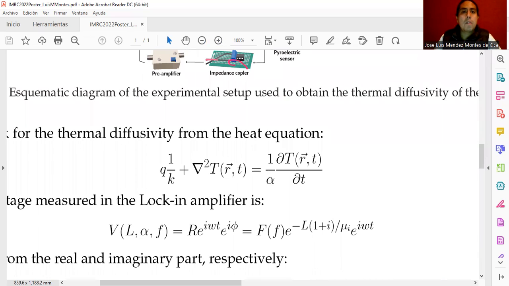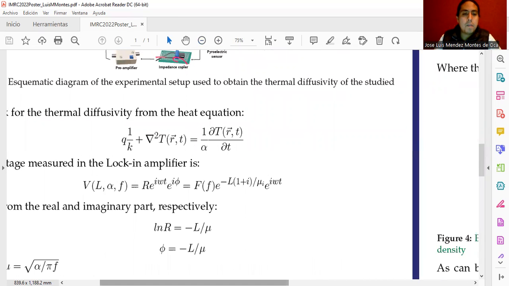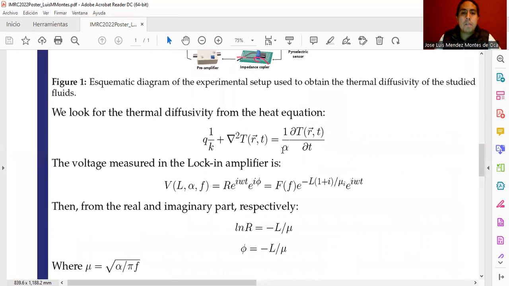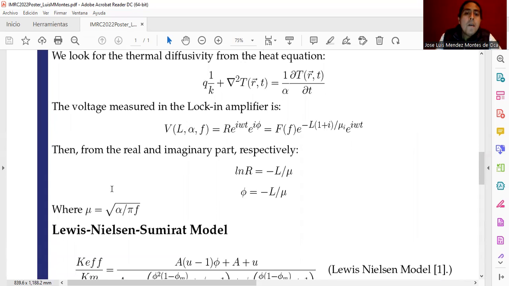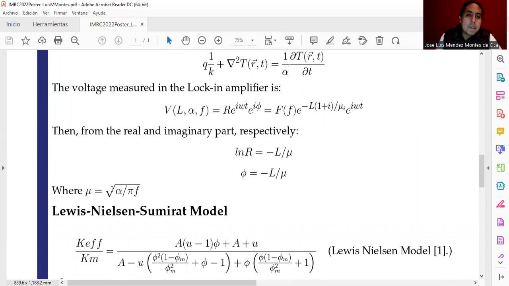We are looking for the thermal diffusivity of our liquids, and we can obtain it from the heat equation. The solution of this equation in one dimension is widely known under some considerations, and we can obtain an amplitude and a phase.